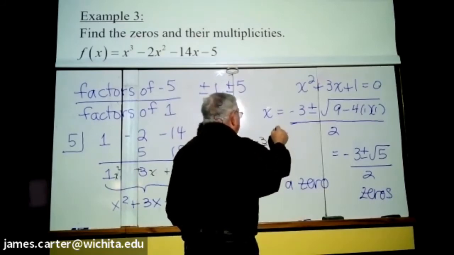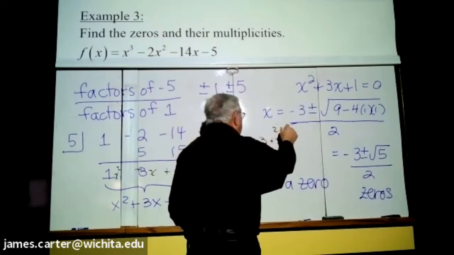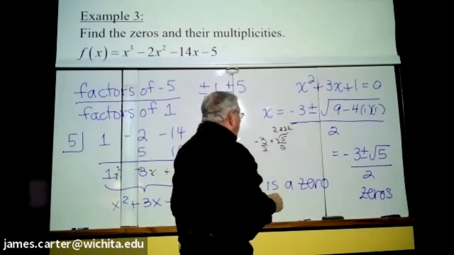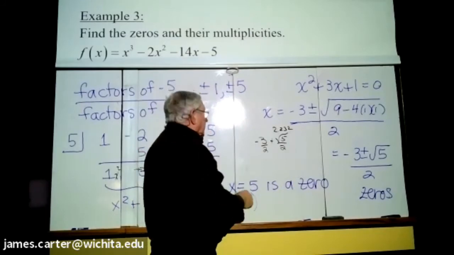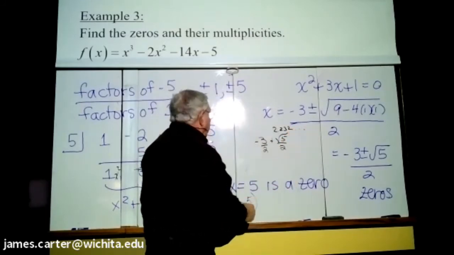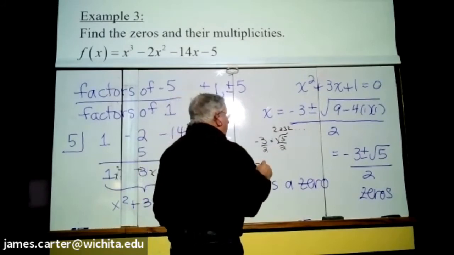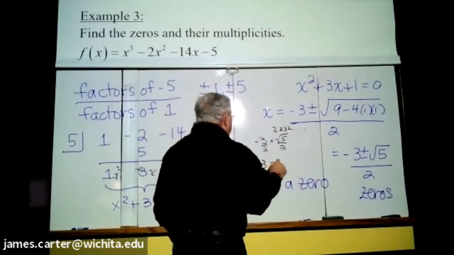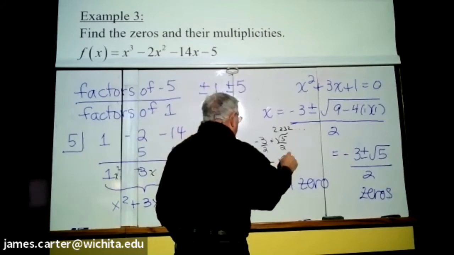Now, square root of 5 is 2.232, approximately, because it keeps on going. Then you can have negative 3 minus square root of 5 over 2.